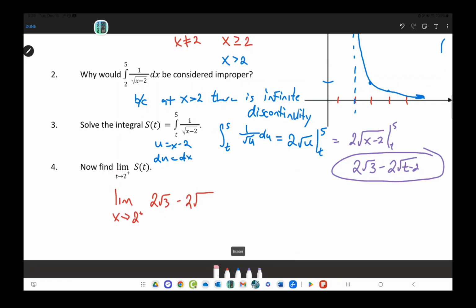Sorry. t minus 2. Now, we don't really have to do much because we're just going to plug in 2. I have to look at the graph. We're going to plug in 2. What happens? It's 0. So we get 2 square root of 3.